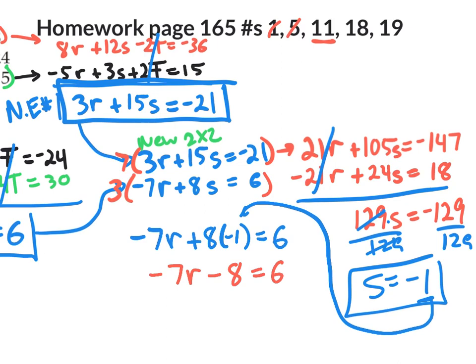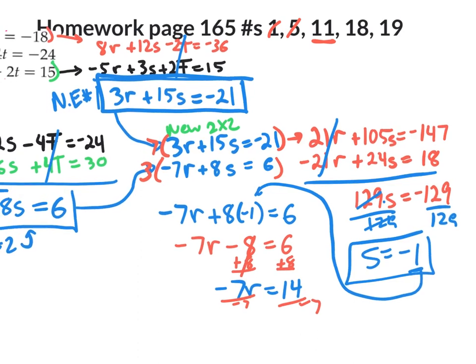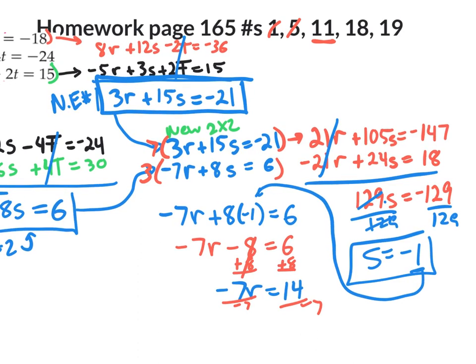All I need to do is add 8 to both sides. I'll have negative 7r equaling 14. So final step would be to divide by negative 7, divide by negative 7, and I'll get r equals negative 2.